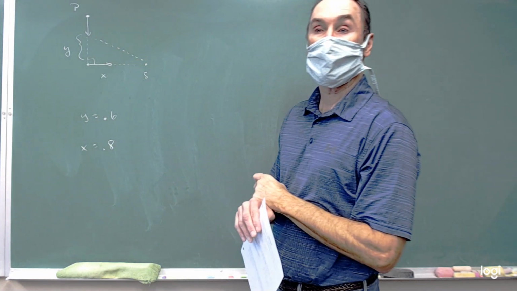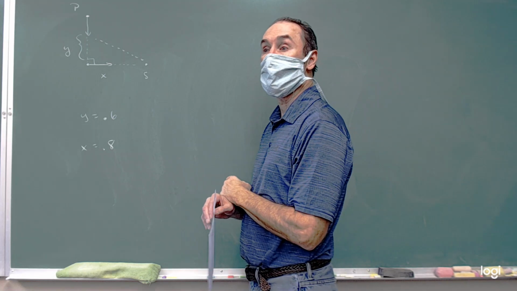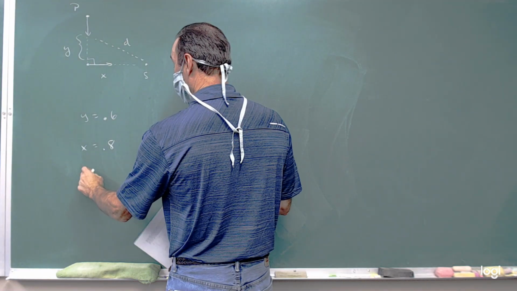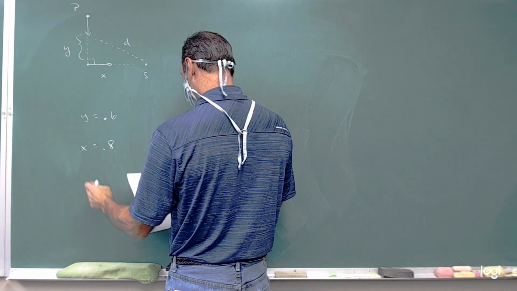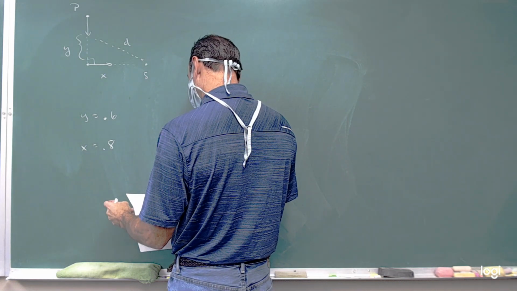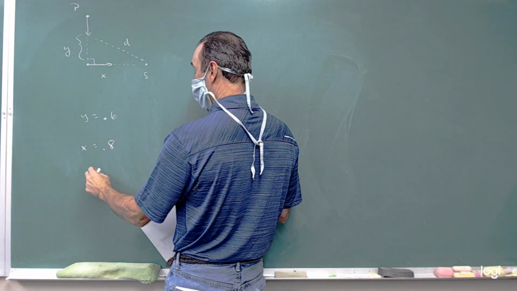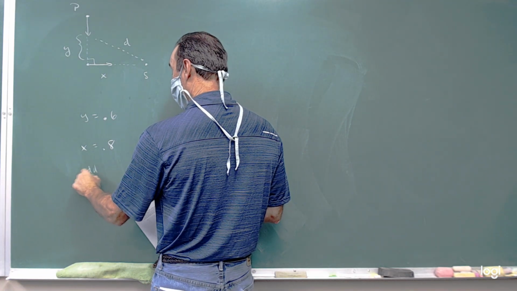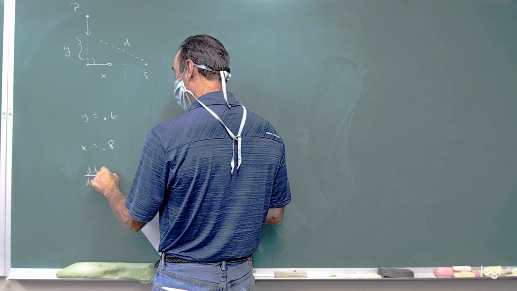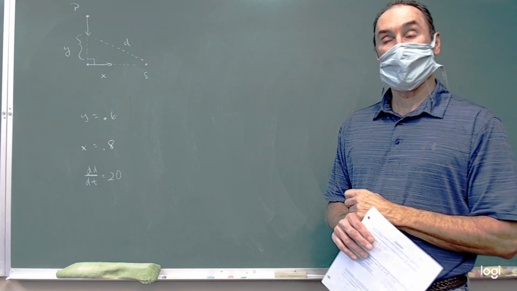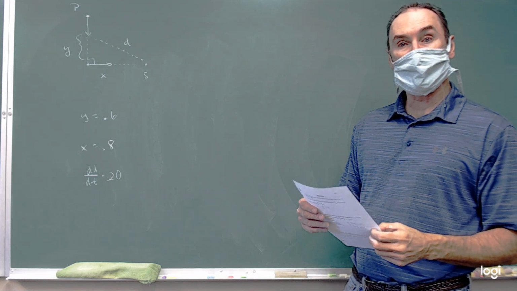Let's call that D. So the distance is the distance between them and it's increasing. This is weird notation, but that's dD dt is 20. So the change in that distance between them is 20.